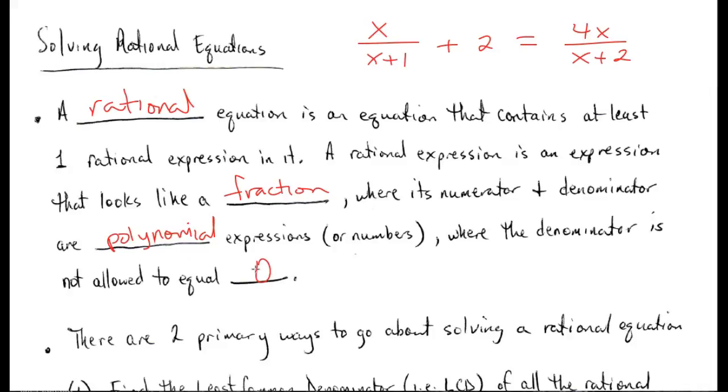Okay, so in my earlier videos, I basically nicknamed rational expressions as polynomial fractions because that's really what they are. So, of course, a rational equation just has polynomial fractions on at least one side of that particular equation.